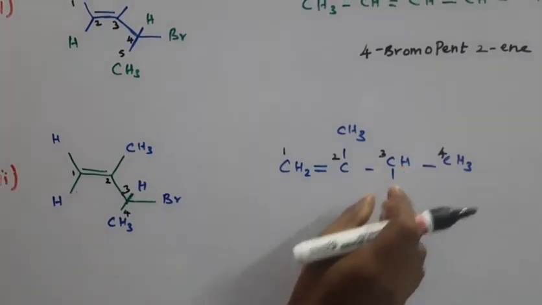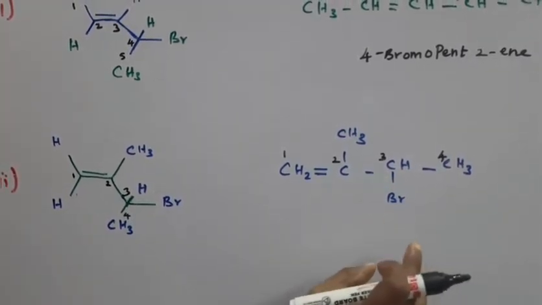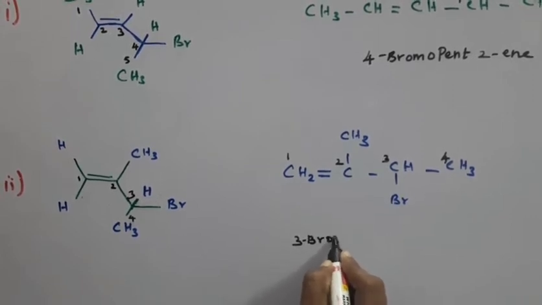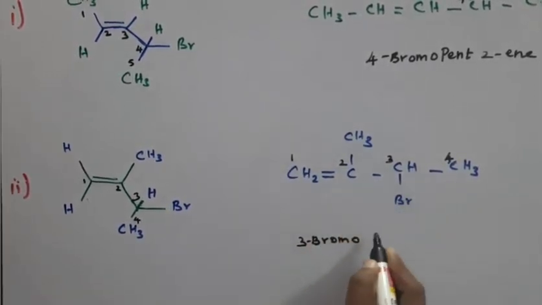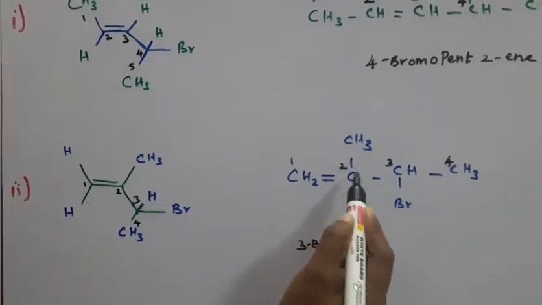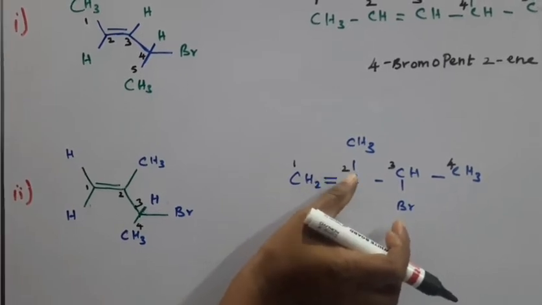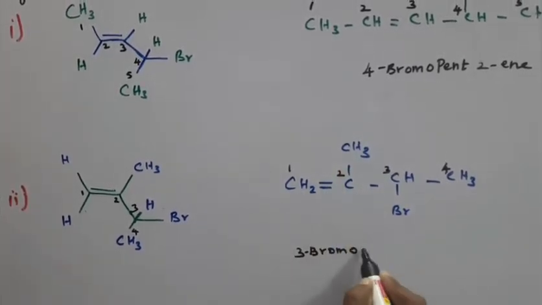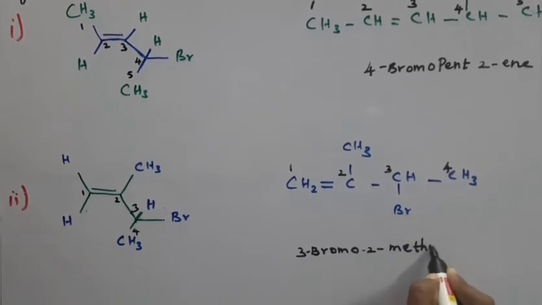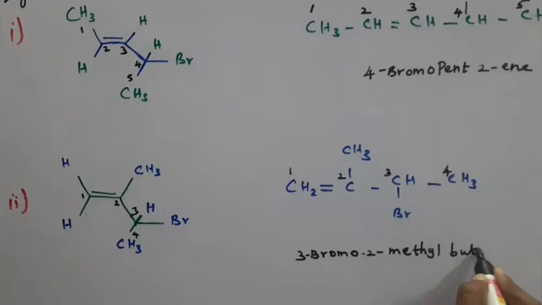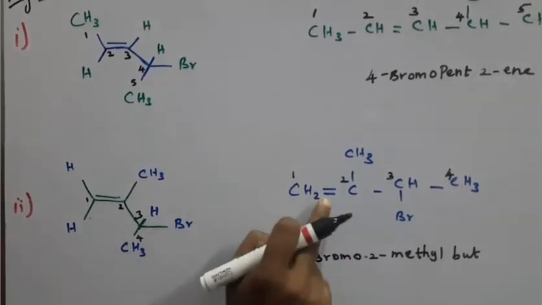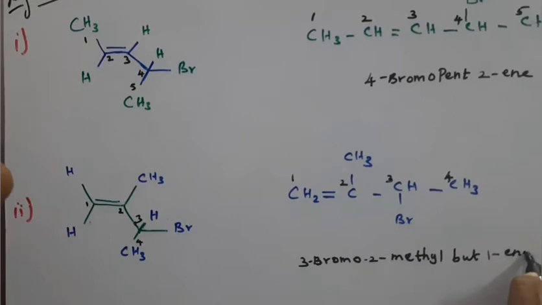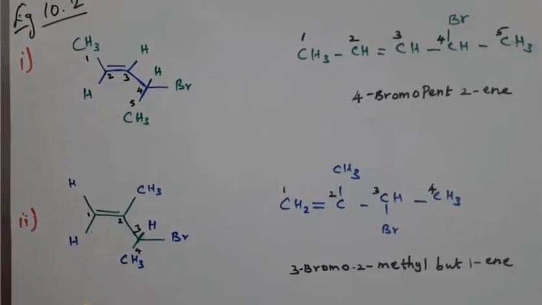The bromo substituent is on the third carbon atom and acts as a secondary prefix, so 3-bromo. Another methyl group is present on carbon 2. When two substituents are present, follow alphabetical order, so bromo comes first, then methyl: 3-bromo-2-methyl. The double bond gets the lowest locant at the first carbon, so but-1-ene. Like that we have to name the given organic compounds.